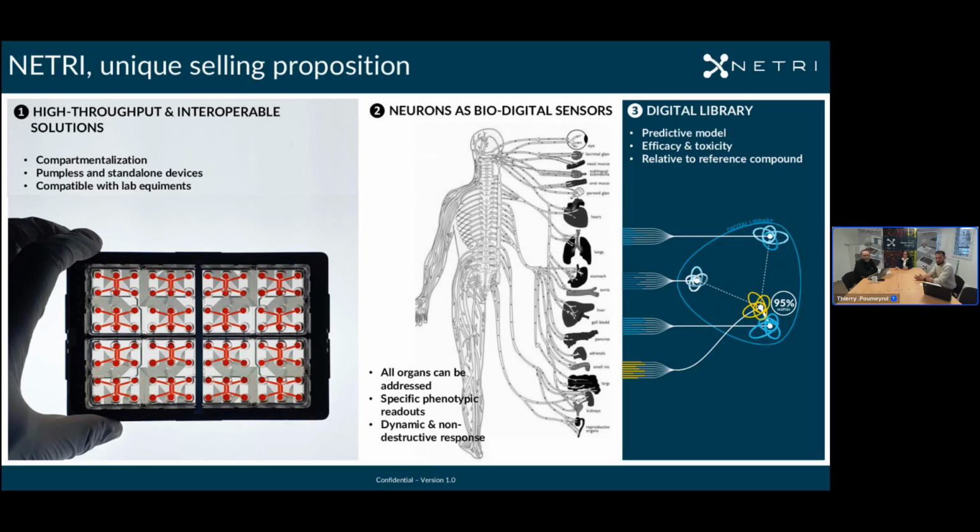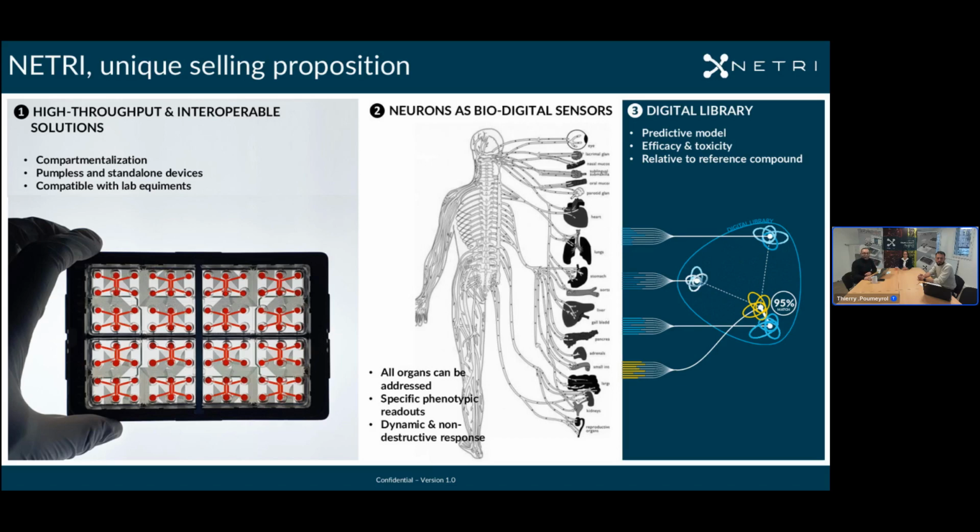Also, we designed the device and the chips to be compatible with current usage in lab equipment. We have up to 16 chips on the plate, and each chip has 6 wells. Those wells are composed of 1 inlet and 1 outlet for each channel.